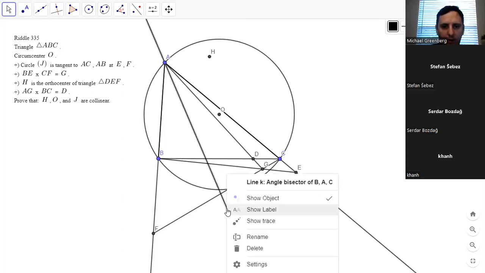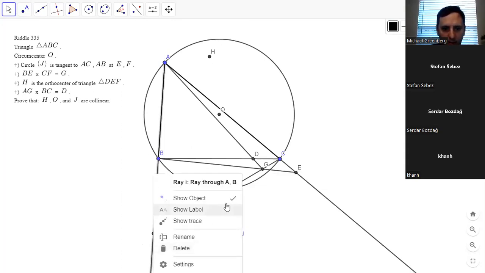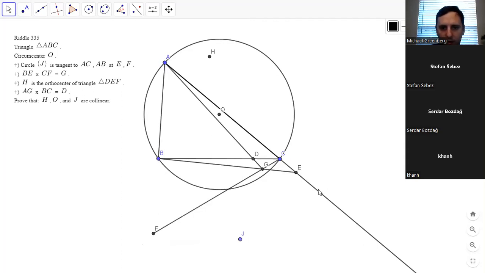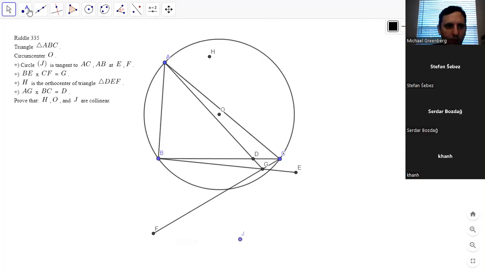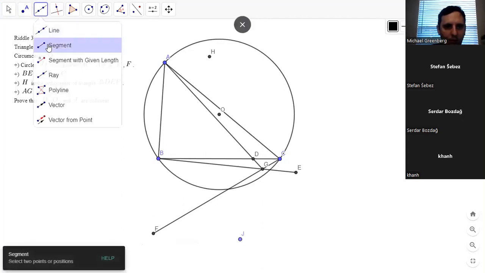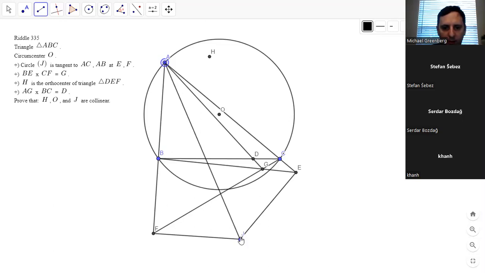So yeah, this is the angle bisector. And I'm just going to draw up to points E and F. So like this, F, CE, this and this. And this is the angle bisector.